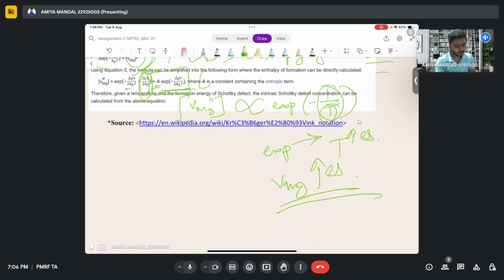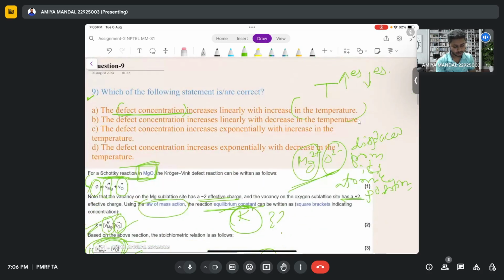So these are the concepts. What will be the answer of this question? The defect concentration increases exponentially with increase in temperature. That will be the answer of this question.